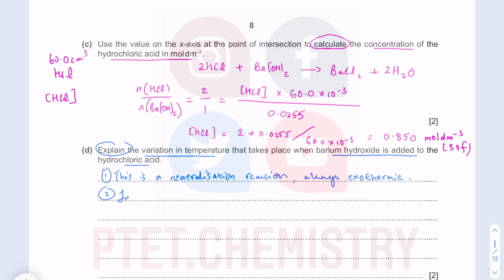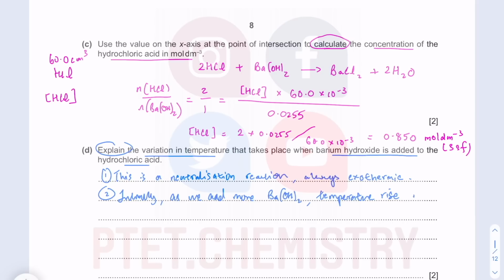So initially, meaning at the very beginning, as we add more barium hydroxide, the temperature rise, which is the y-axis on the graph that we just drew, is the value. Okay, so that is the noun itself.